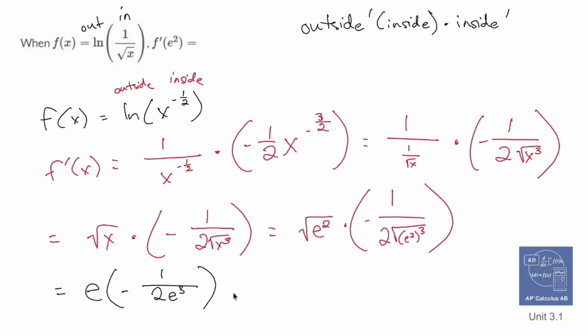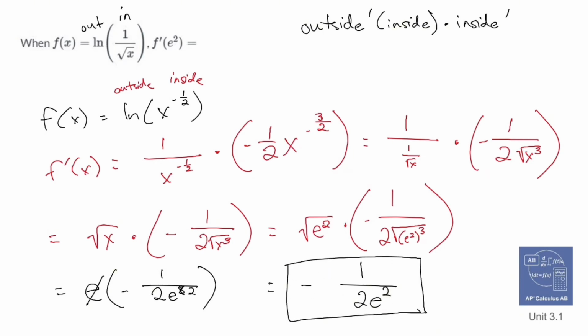Okay. So I have an e up here and 3 e's down there. Let's cancel that out. So when all is said and done, I get negative 1 over 2e squared. Pretty? No. Fun? Heck yes.